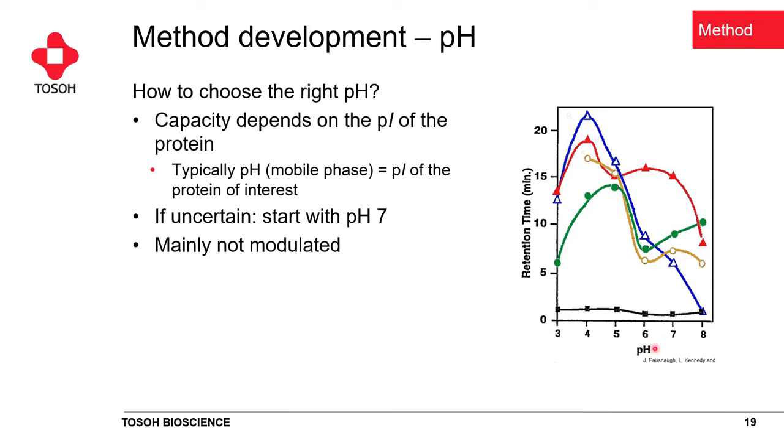And what you notice is that there are some pHs where all of the analytes basically elute at the very same time, whereas there are other pHs where we see that the retention time is different. So actually what we get is separation. So in those cases it makes sense to also look at the pH of analysis.